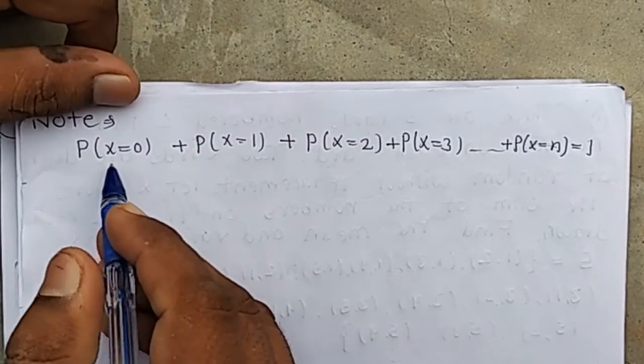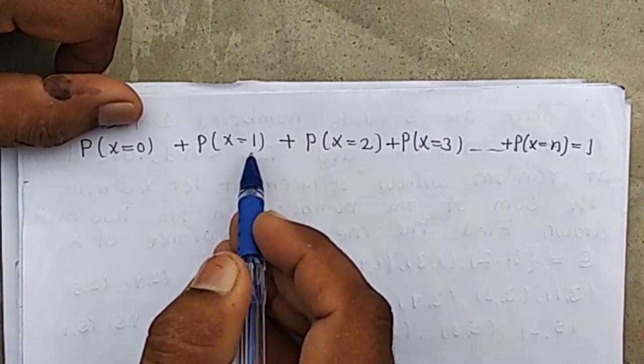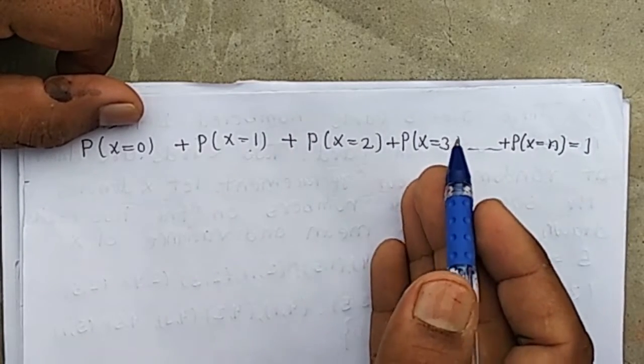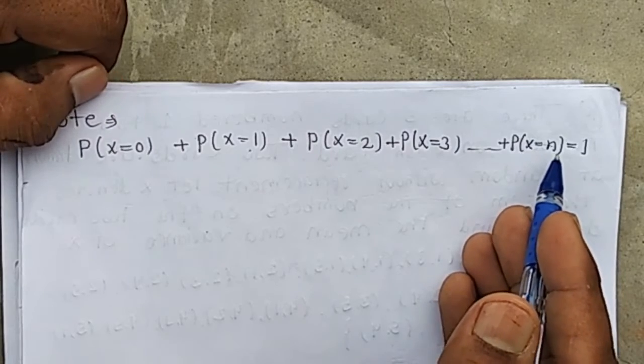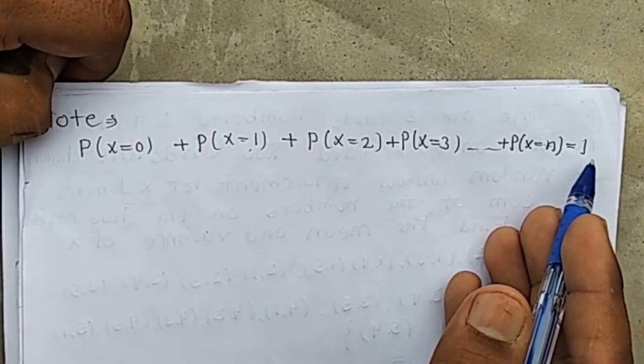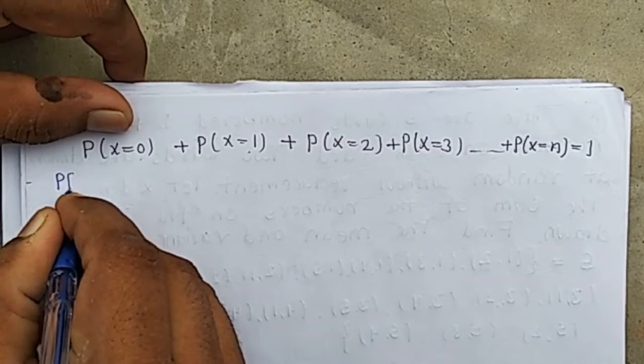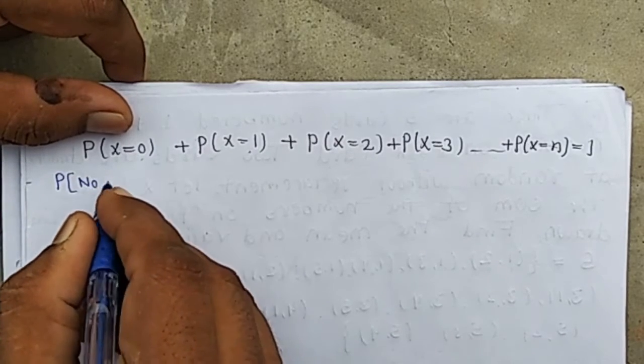We know that probability of x equal 0 plus probability of x equal 1 plus probability of x equal 2 and so on, up to probability of x equal n, equals 1. X equal 0 means it is the probability of no success.